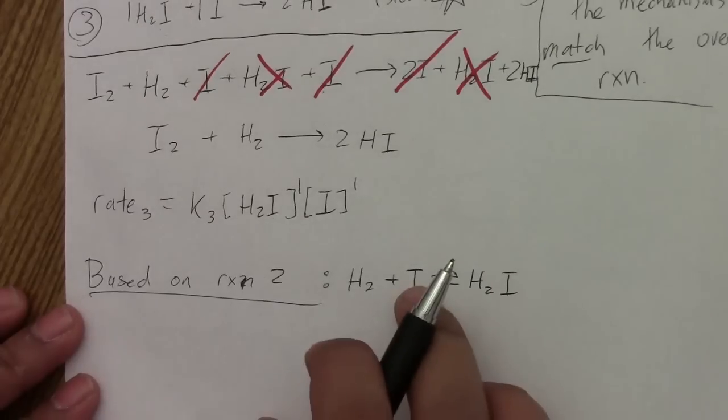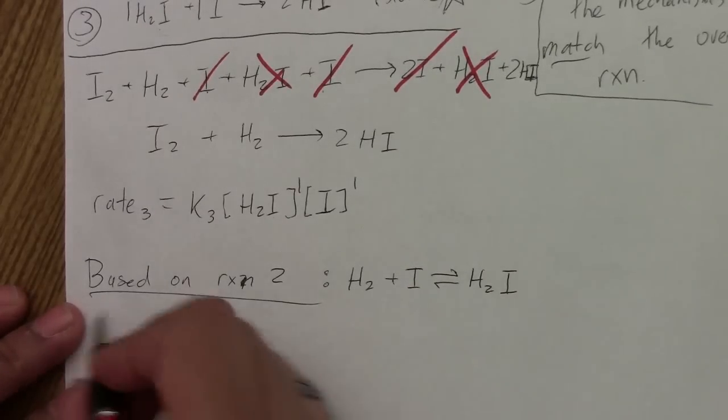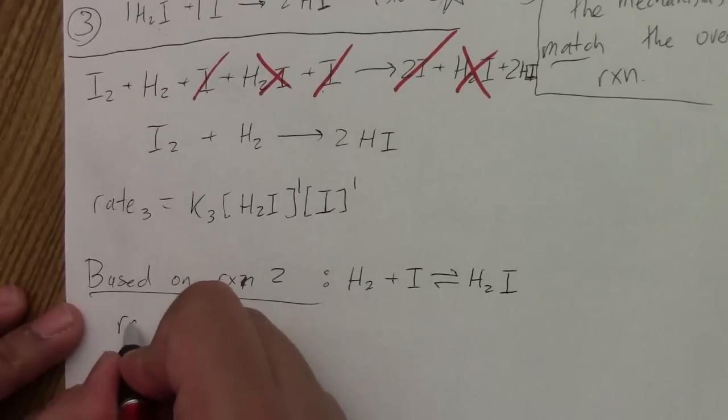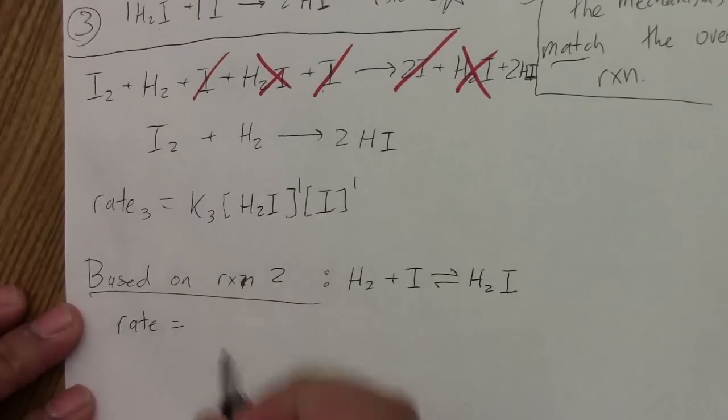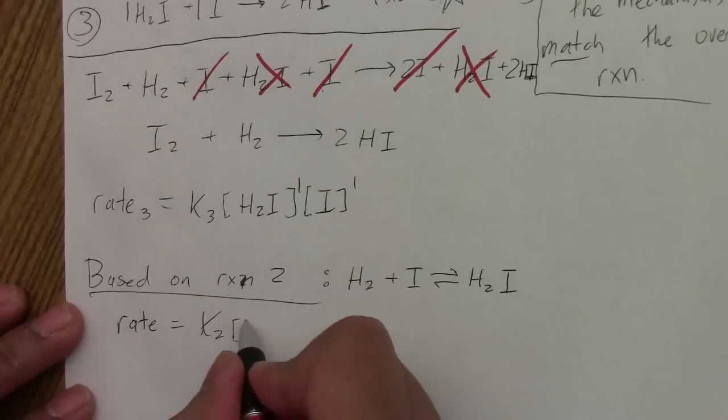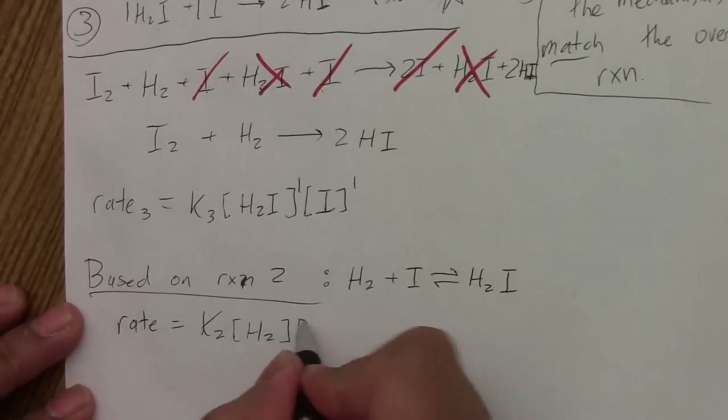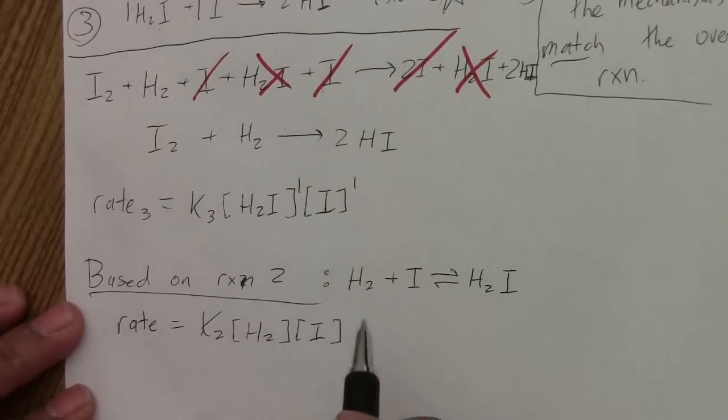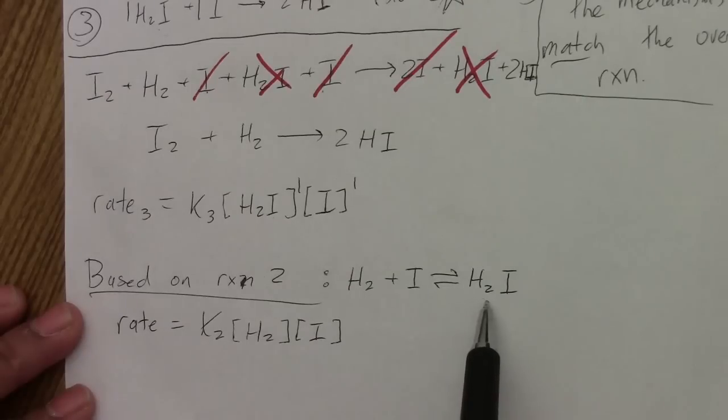So we'll get back to that. So rate is equal to K2. And again, we are just going to use the coefficients from each of our reactants. We have H2 and I. There's a 1 and a 1, so we don't even need to put anything. That's our rate law forward.